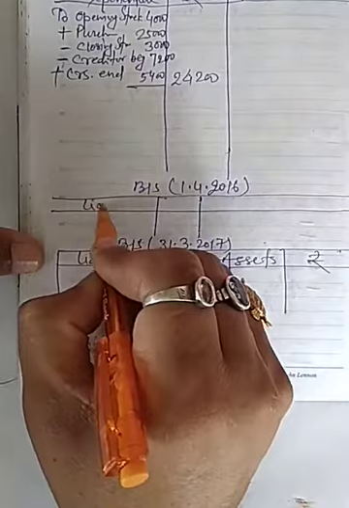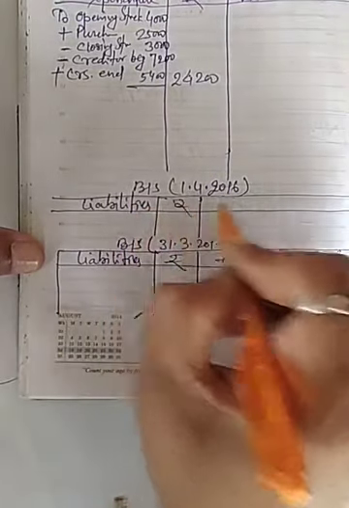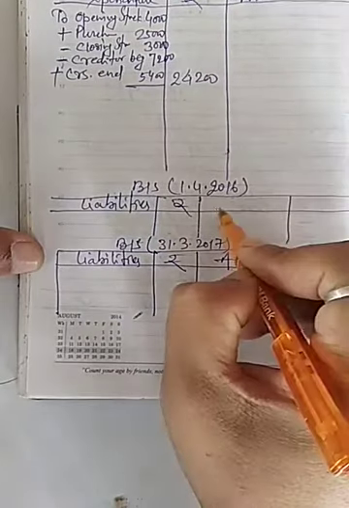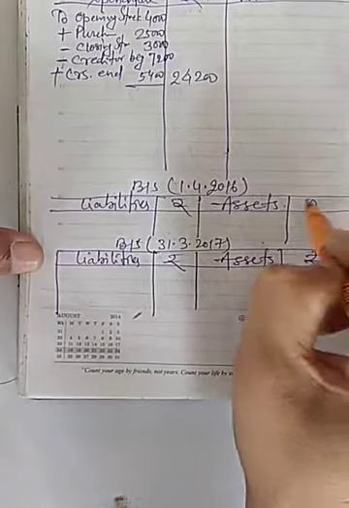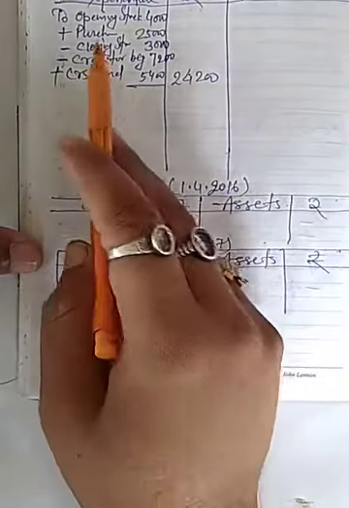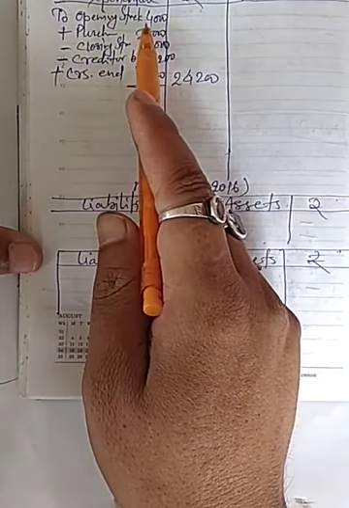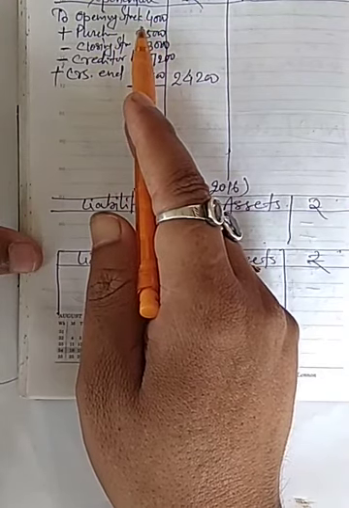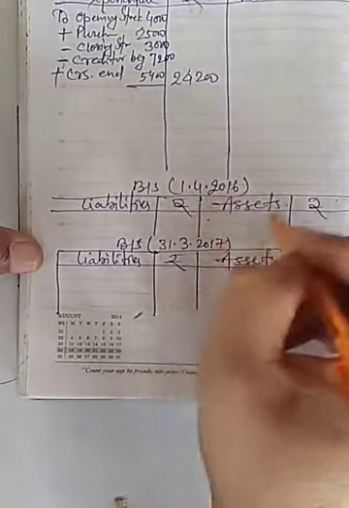This is the liability side, rupees. Asset side, rupees. Now the opening stock will be shown on the asset side of the opening balance sheet.